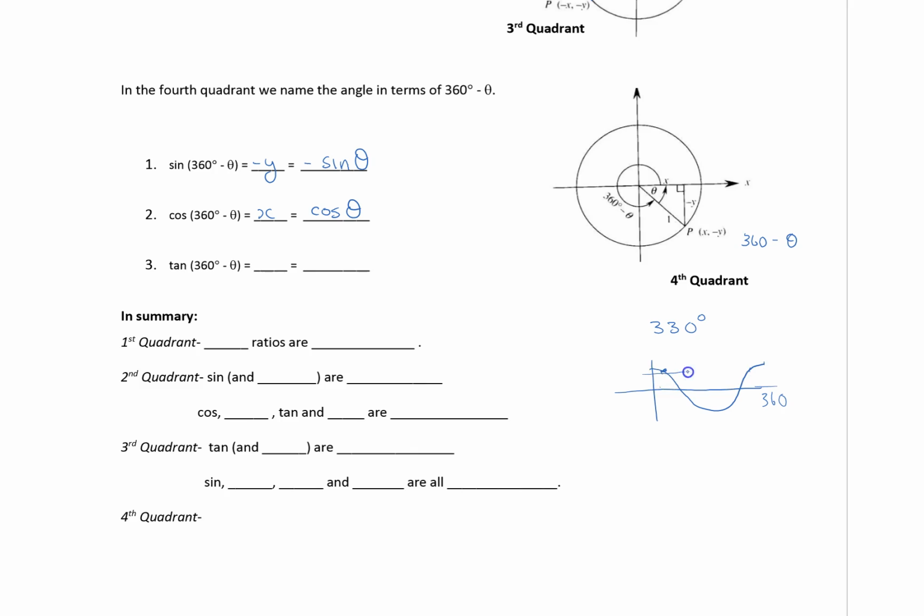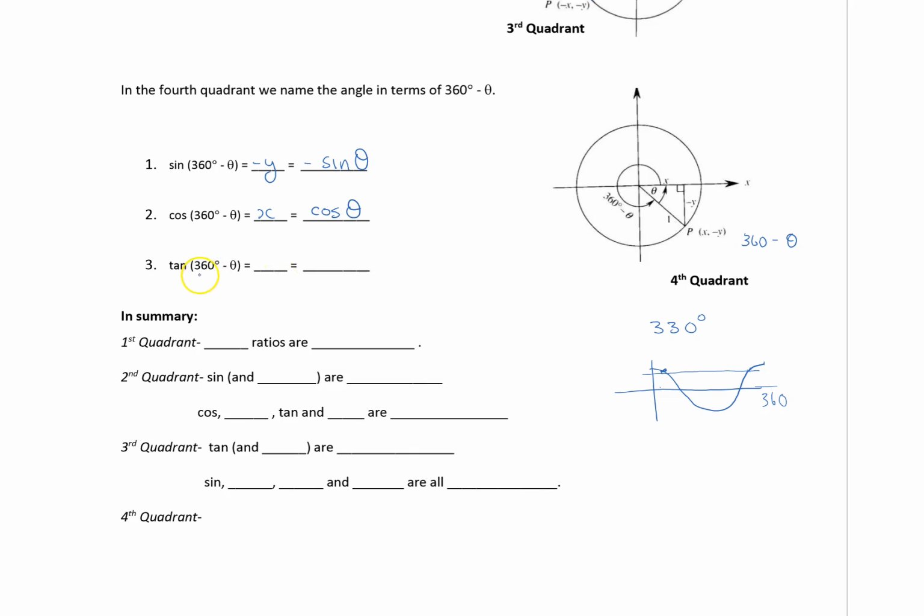So you can actually see even by your graph that the cos of 30 and the cos of 330 would be the same value. And this is just another way of supporting the idea that we can see in the graph. But this is more algebraic.